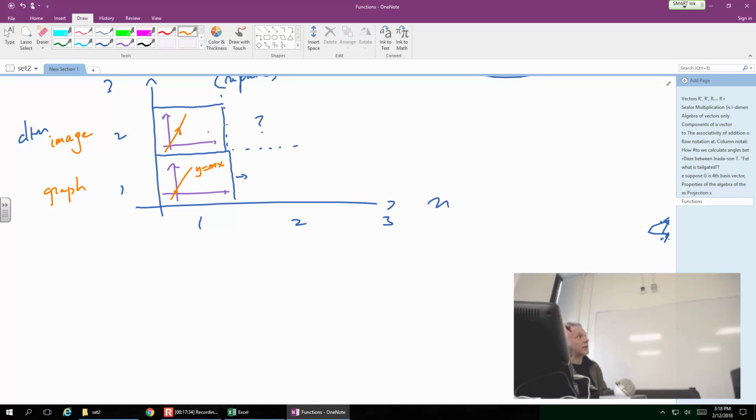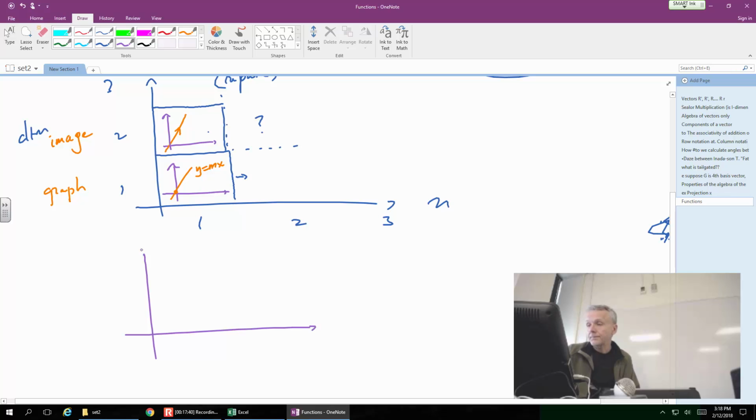Any direction works. So let me expand this. This is once again y equals mx, so x and y. As you can see, this is the input and this is the output.